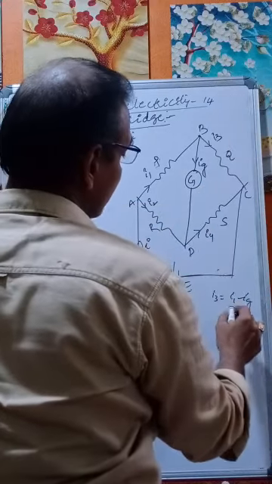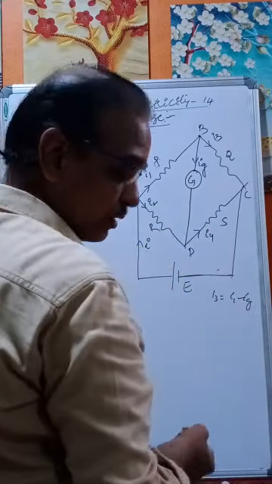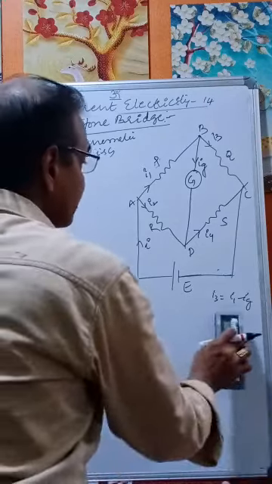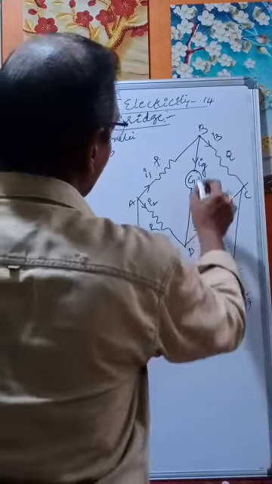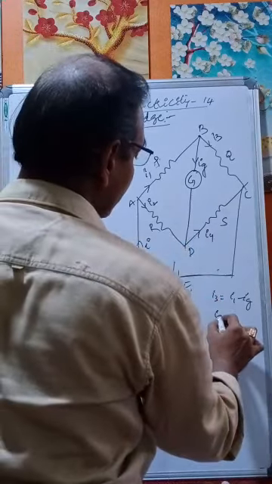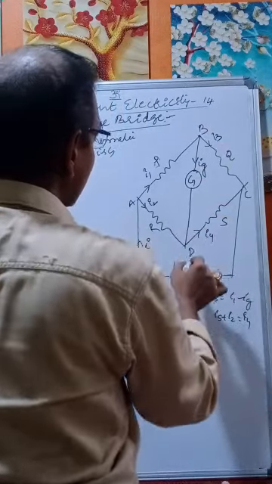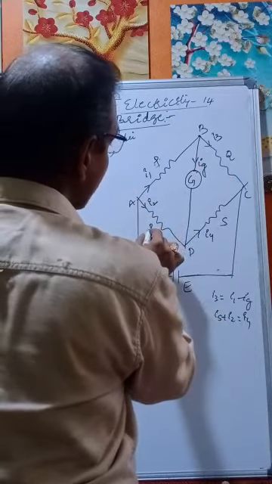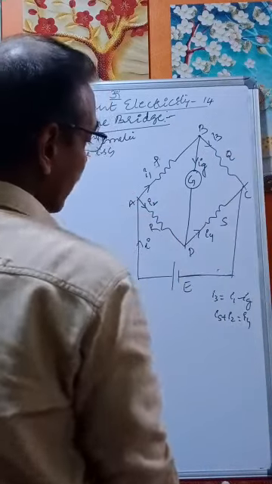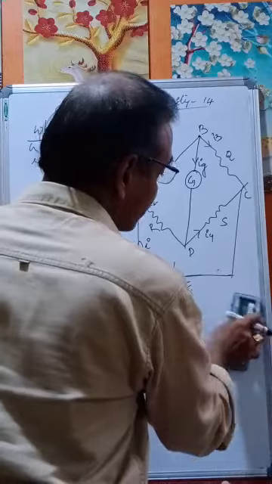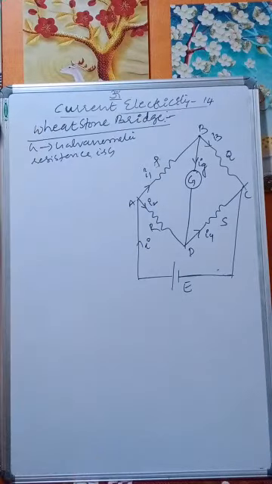Therefore I1 equals I3 plus IG. Similarly, IG plus I2 equals I4. IG is coming like this, I2 is coming towards the junction, so IG plus I2 equals I4, away from the junction. So you can use this.